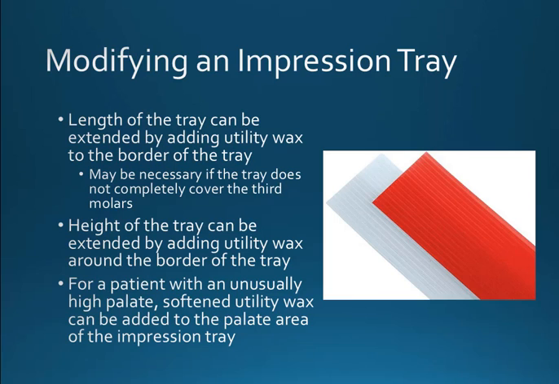But you can also extend the height of the tray by adding it all around the border of the tray. So if you're coming up just a little bit short, you can add that around the entire border of the tray. I also find that this is very helpful for adding a little bit of cushion if the patient's terribly uncomfortable with the tray. So we can really use it for both reasons.